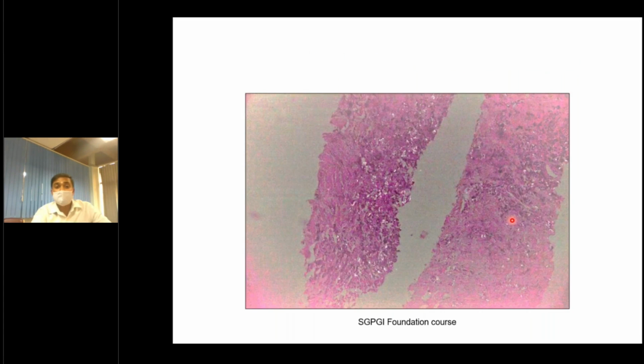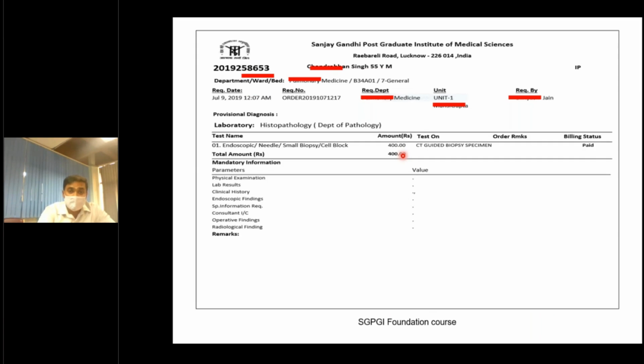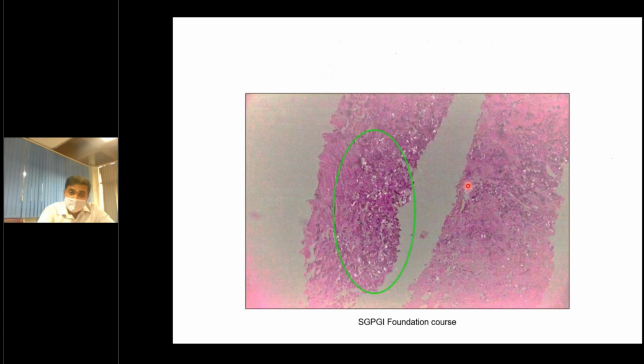This was one of the requests that we got last year, from a lung biopsy. You can see that there are a lot of shiny, white colored particles over here, as well as black spots. We didn't get any clinical history for this patient, and nothing was mentioned in the mandatory information on the form, just a simple dash. The patient underwent a lot of investigations because of this lesion: AFB staining, mycology, and even a malignancy workup.